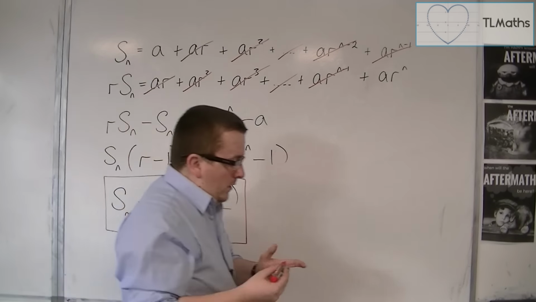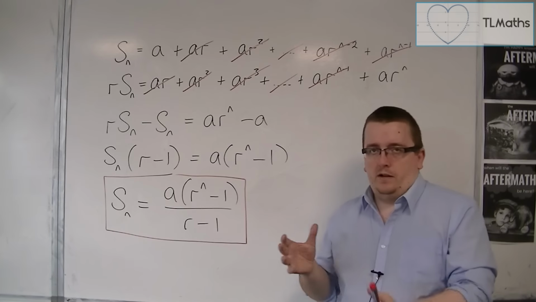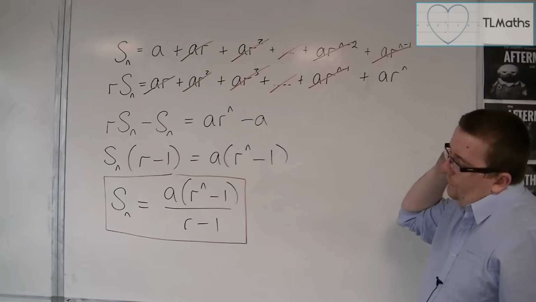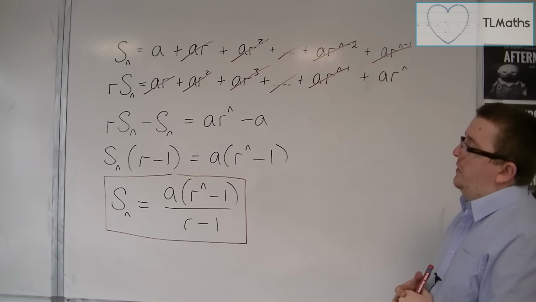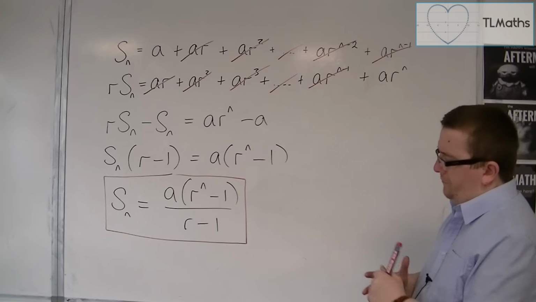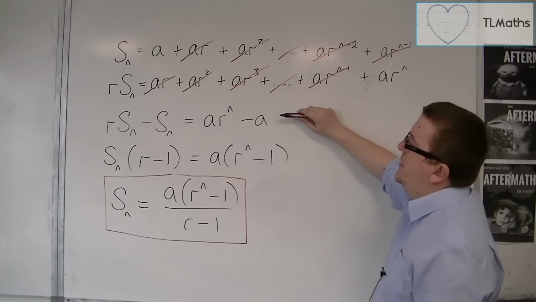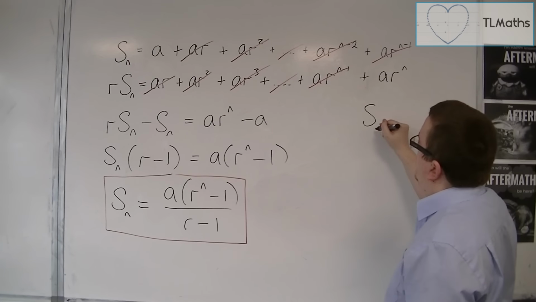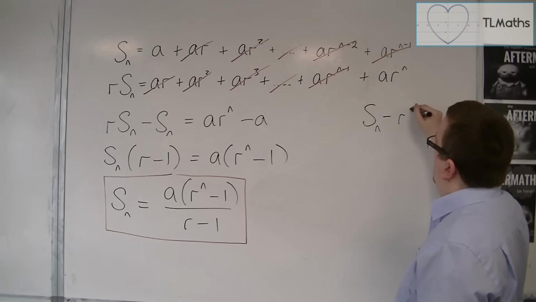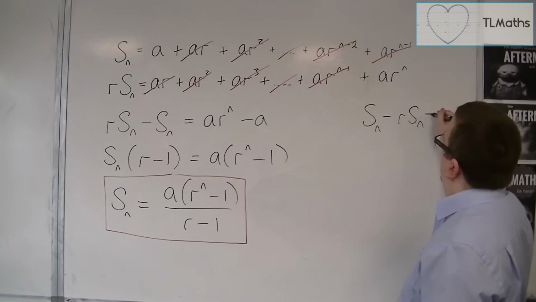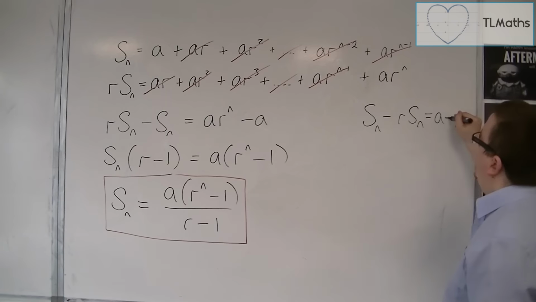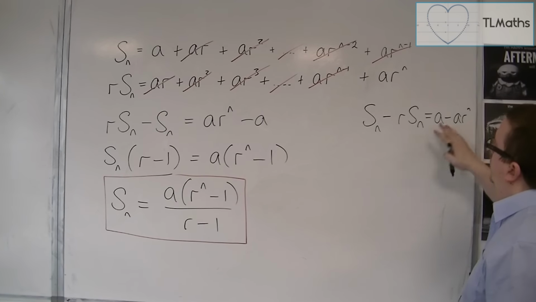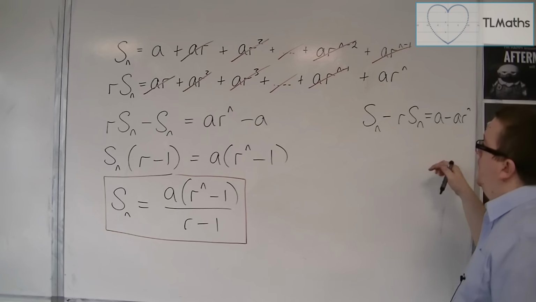Now, depending on your value of r, if r is between minus 1 and 1, what we generally do is we rewrite this equation, and that can be found by, instead of doing rSn take away Sn, you could instead do Sn take away rSn, and so you'd be getting a take away ar to the n, so everything would just reverse round.